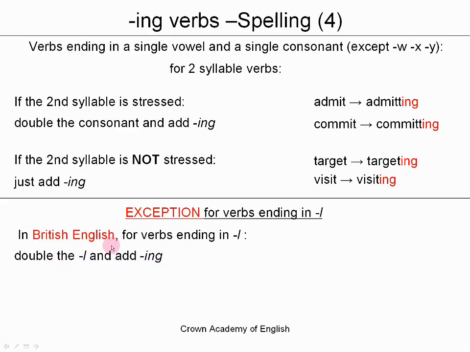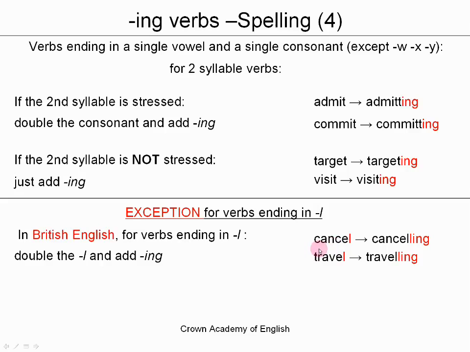So in this case, we do not care about which syllable is stressed or not stressed. We don't care. We just double the letter L every time and we add ing. So in British English you will see cancel.